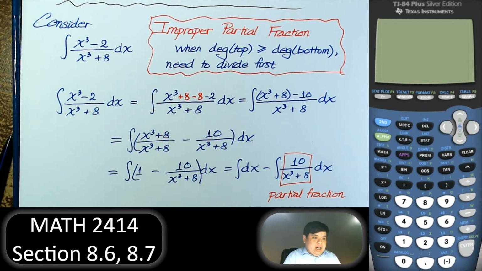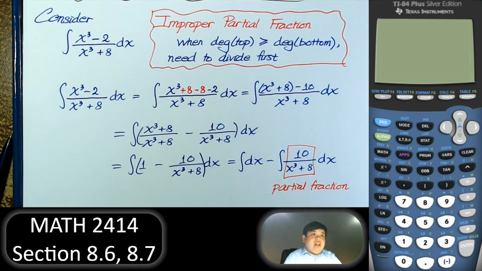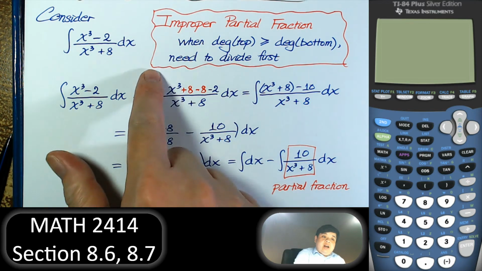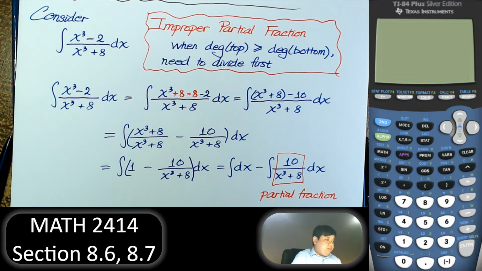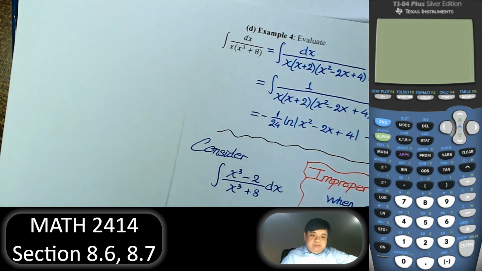So, rather than doing this problem, I just want to mention that sometimes the degree on top is bigger than the bottom. In that case, we have to divide them. These two sections, 8.6 and 8.7, cover a lot of things that we did in earlier sections. Kind of a very good review by itself.